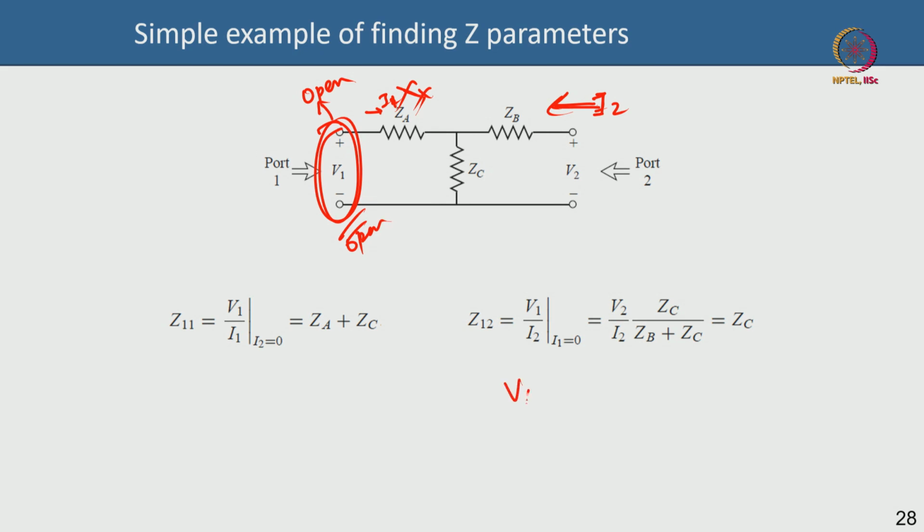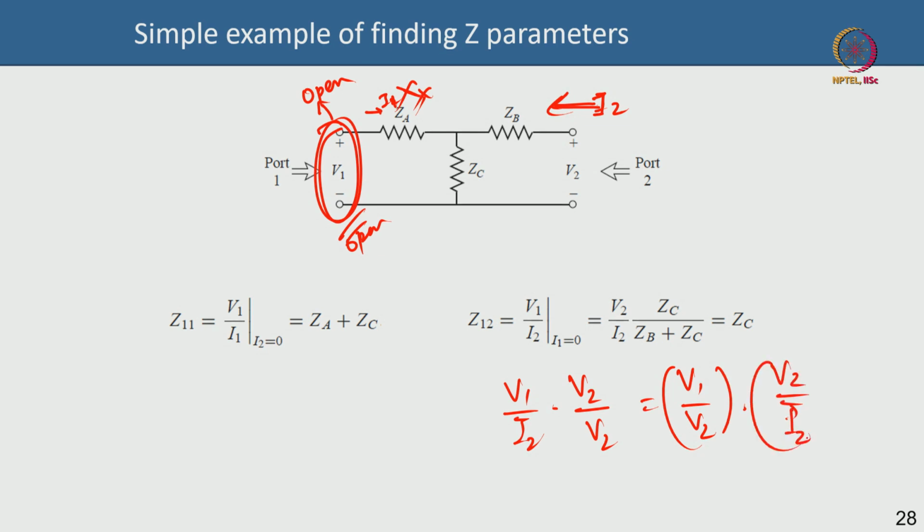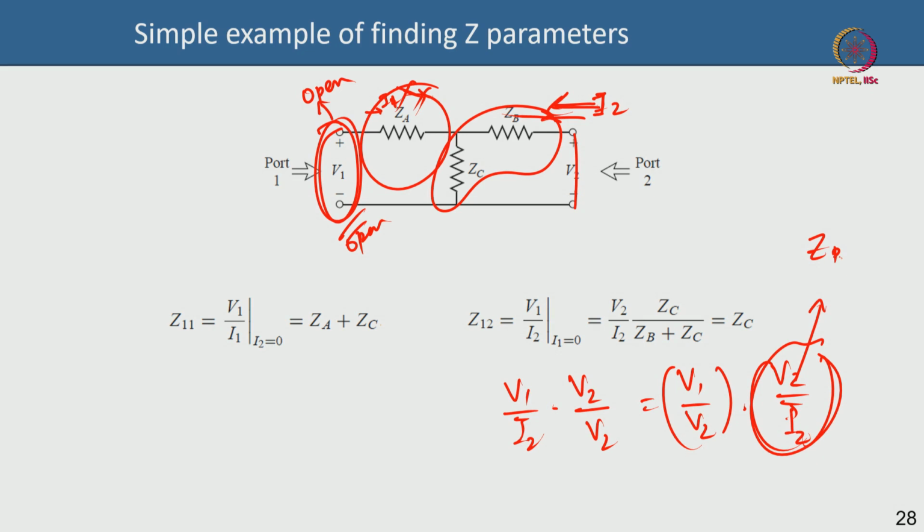So, I can do that as V1 by I2 into V2 by V2, that is V1 by V2 into V2 by I2. Now V2 by I2, there is no current flowing here, so this quantity is ZB plus ZC, correct. And what is V1 by V2?